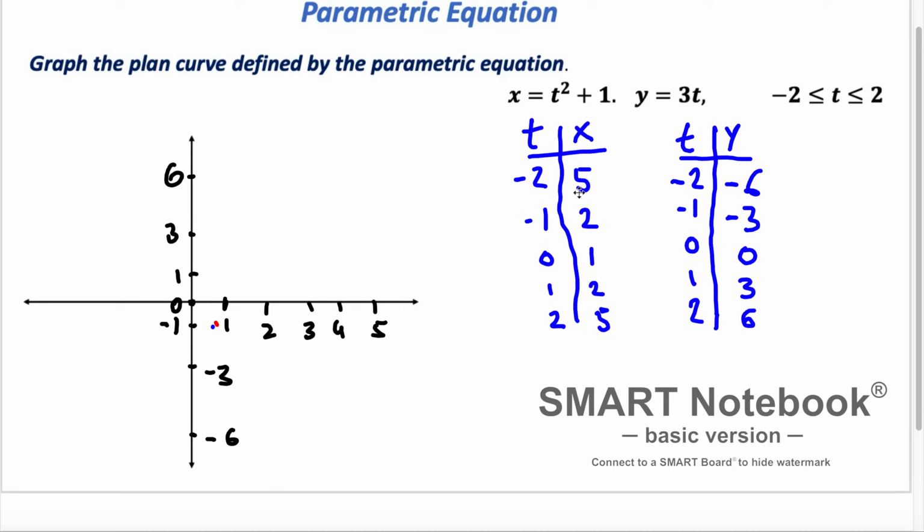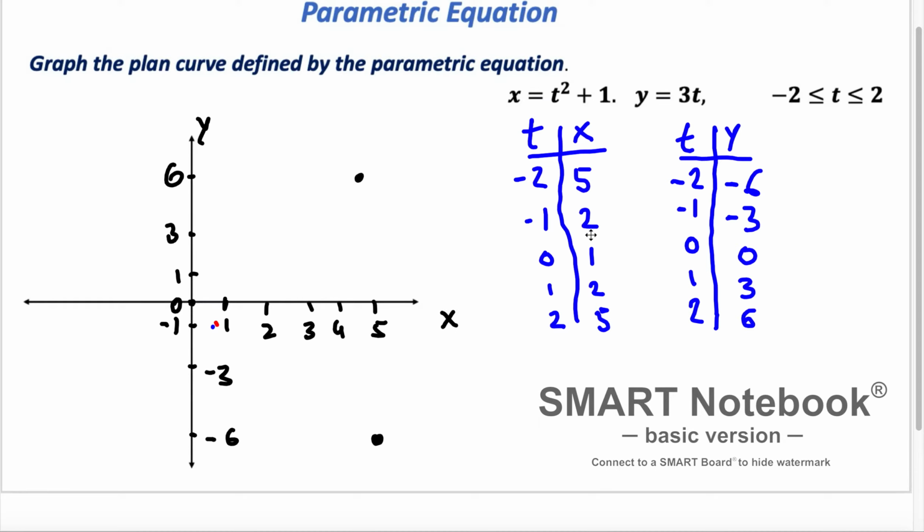Now if x is 5, y is -6. So x is 5 and y is -6 is this point. I'm plotting those points now. If x again is 5, y is 6, so it's going to be this point, x 5 and y 6. Let me write this is y and this is x.